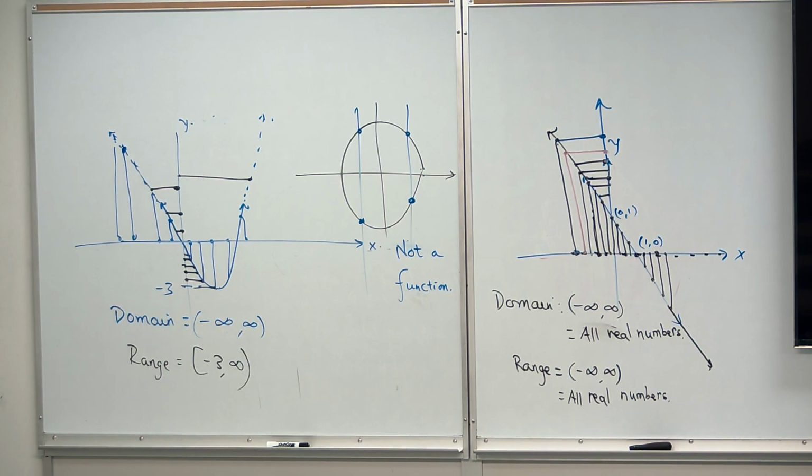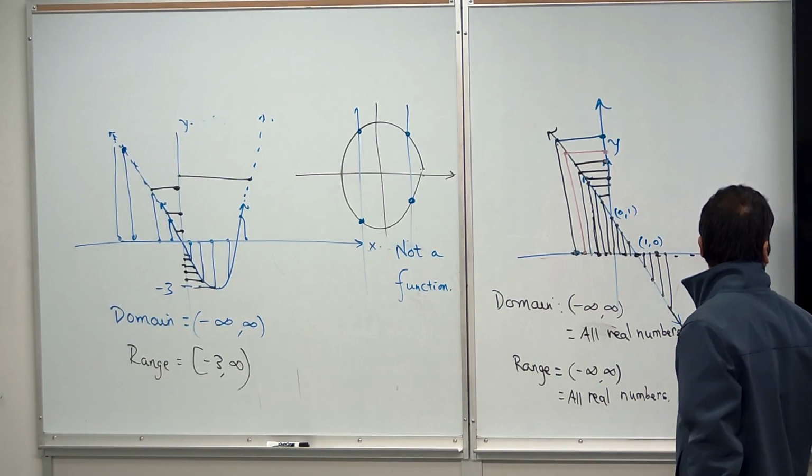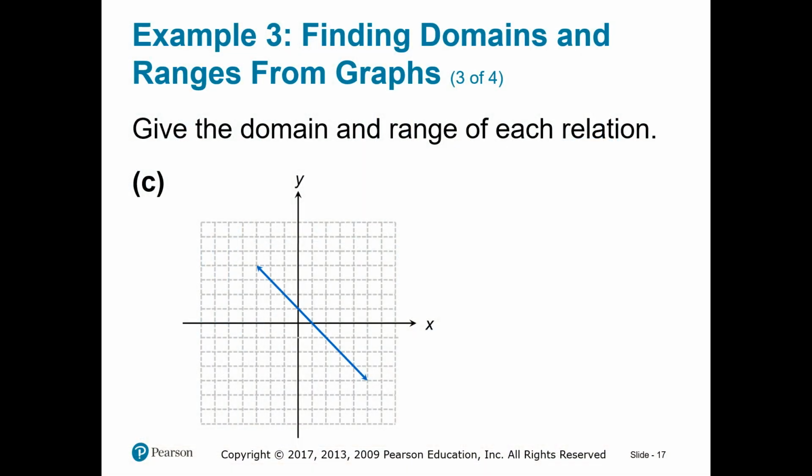Now, for the next one, look here. If you draw vertical lines, every vertical line intersects this graph in no more than 1 point, right?